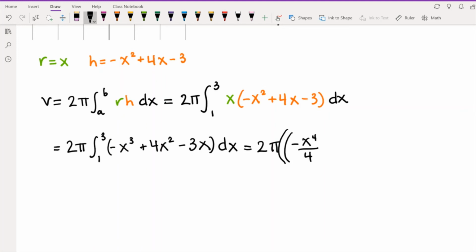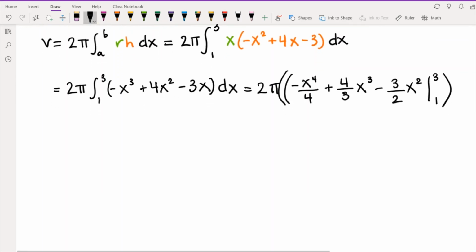Okay, so we'll have negative x to the 4th over 4 plus 4 over 3 times x cubed minus 3 over 2 x squared. And we're evaluating this at 3 and at 1. And I forgot a parenthesis. There we go.